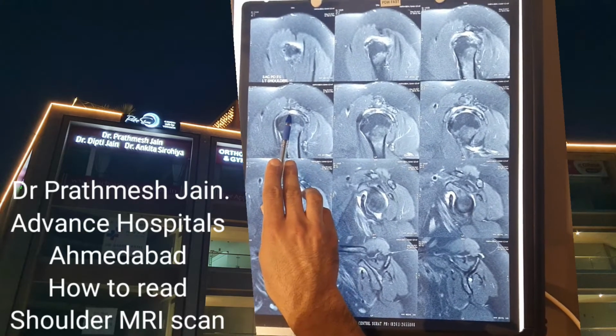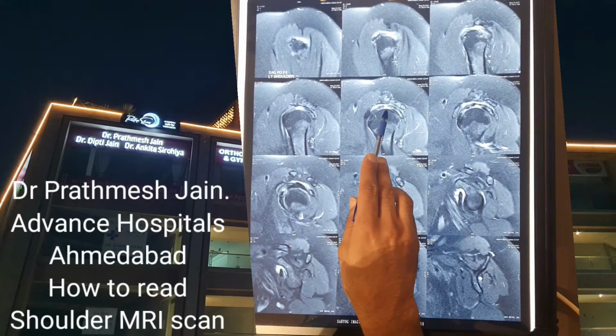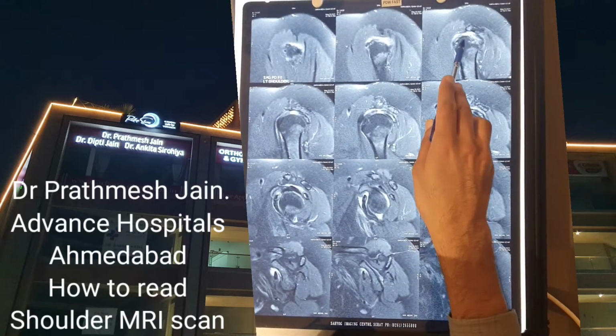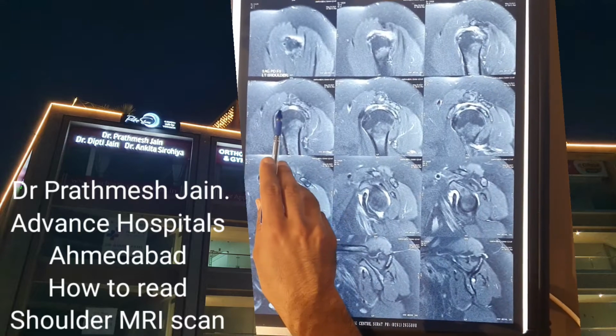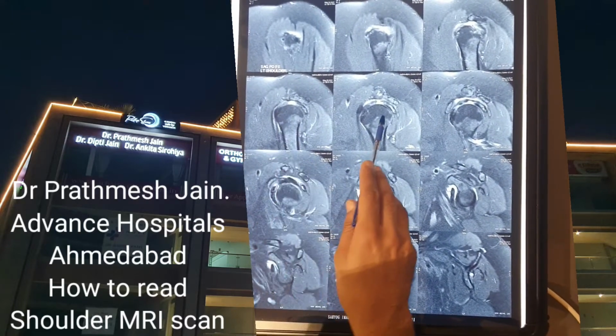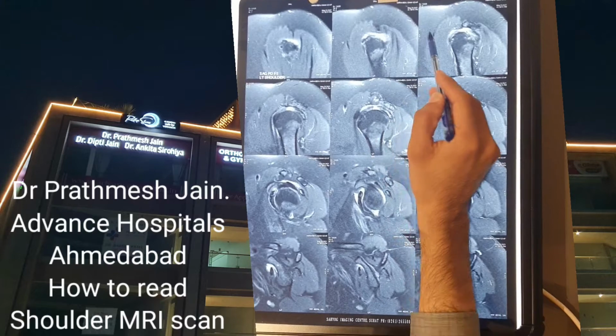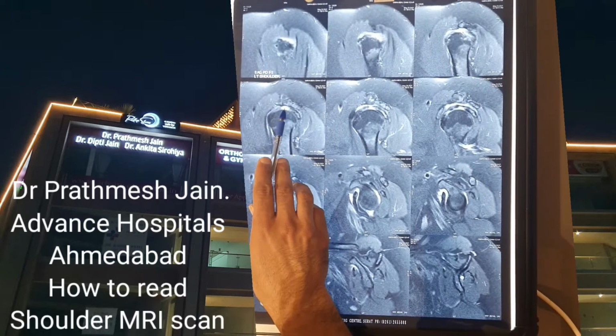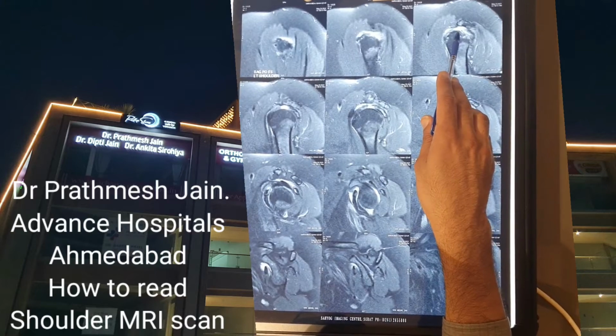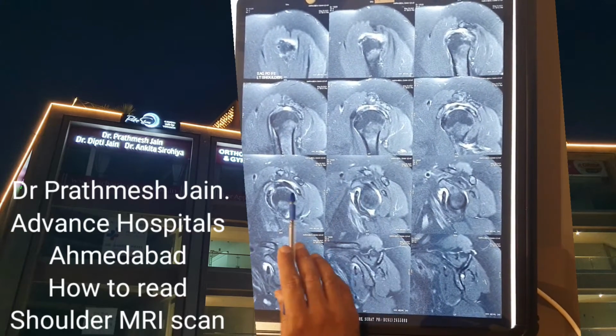Here you can see that there is a slit here, a slit here, a slit here, and a slit here. The posterior part is intact, the anterior part is okay, but there is a slit going here which is communicating. So this is probably a U-shaped tear going from the attachment sites up to the glenoid margin.